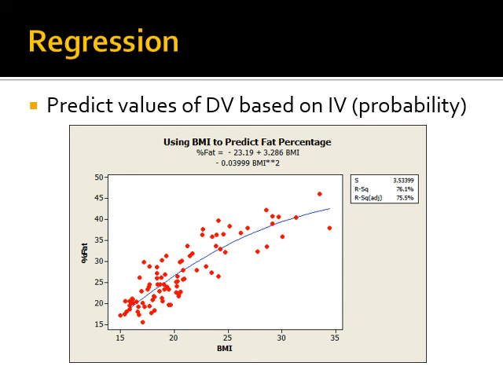So, in terms of prediction, regression is helpful for predicting values of the dependent variable based on the independent variable, known as probability. The graphic here looks at BMI being used to predict fat percentage. And in other words, we look at, as BMI increases, it looks like percentage of fat is also increasing, and that's a positive correlation.